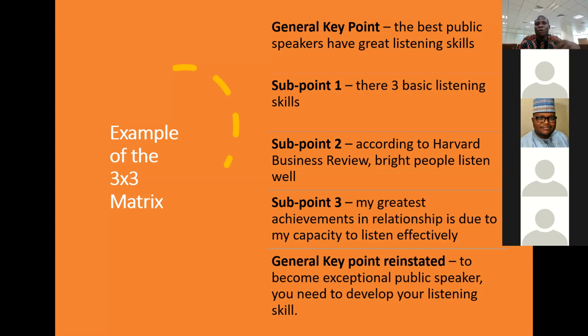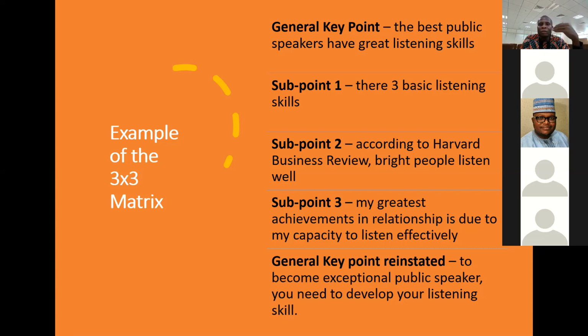And then once you are done, you now say, according to Harvard Business Review, bright people listen well. And then you could talk about what the Harvard Review document describes, what they did, what they didn't do, why you believe them. And then if you have a personal story to add to it, why that one is important.